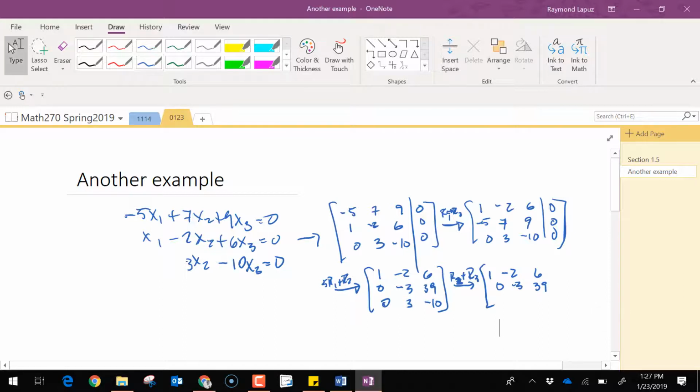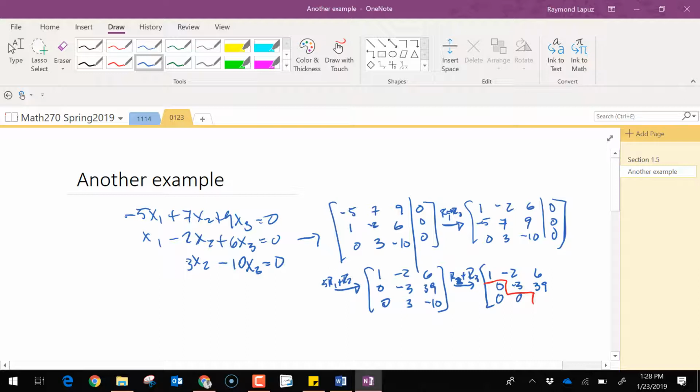Usually you want nice numbers to multiply by and then add to this first row. And remember that the whole point in doing this is to get row echelon form, so we have zeros in the bottom left-hand corner of your matrix.